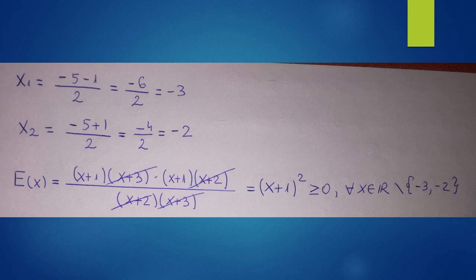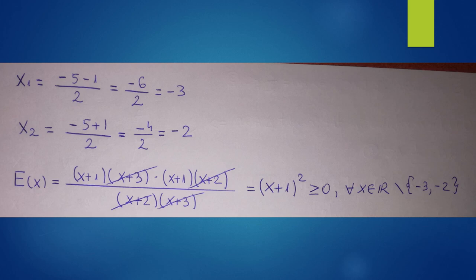We substitute the products we found into the expression, and obtain that E of x is equal to x plus 1 times x plus 3 times x plus 1 times x plus 2, everything over x plus 2 times x plus 3. We simplify x plus 2 with x plus 2 and x plus 3 from the denominator with x plus 3 from the numerator.